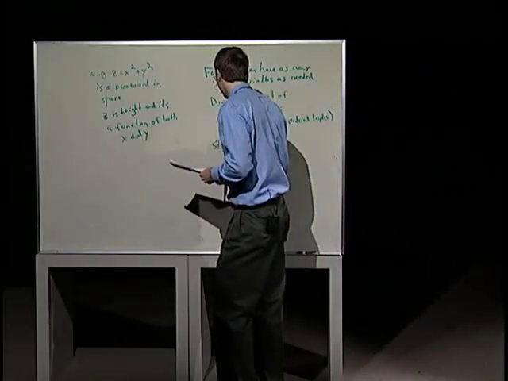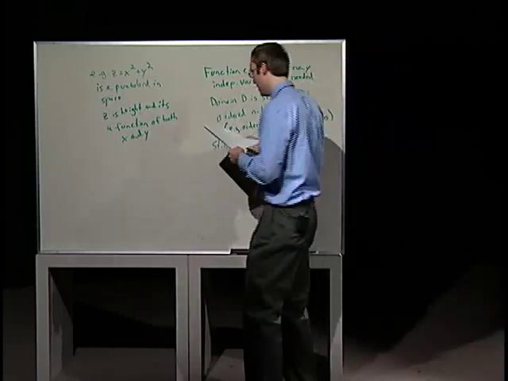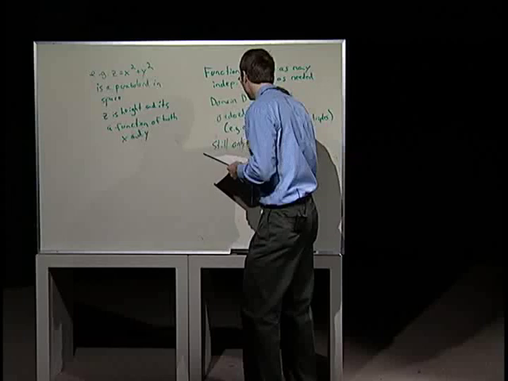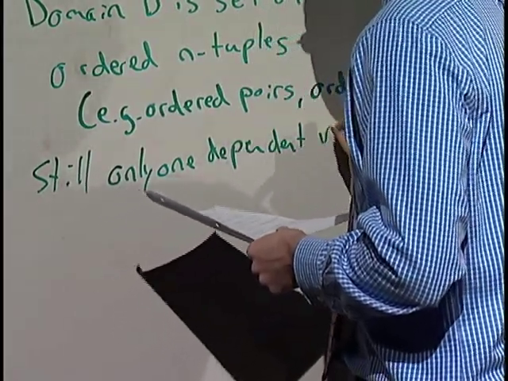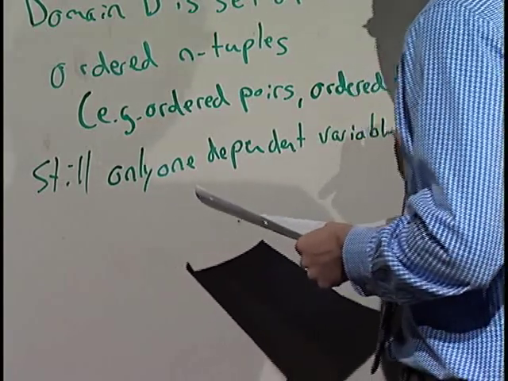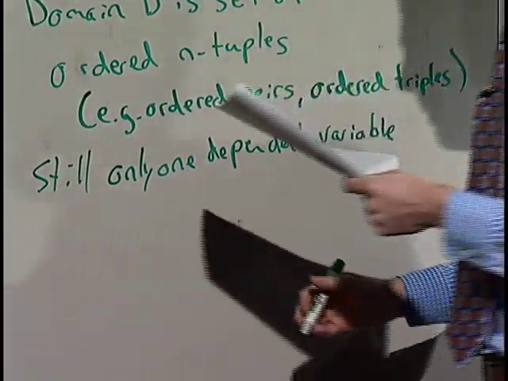However, even though you could have as many as you want for independent variables, there's still one and only one dependent variable. These are still functions, right? So every unique choice of independent variables gives you a unique value of the dependent variable.